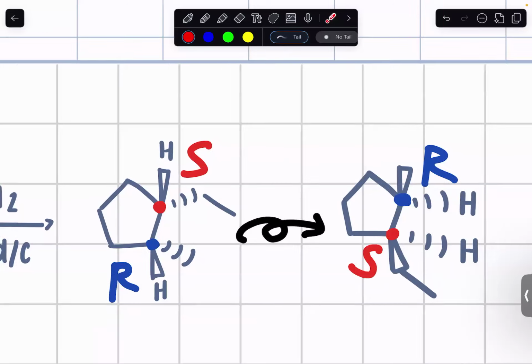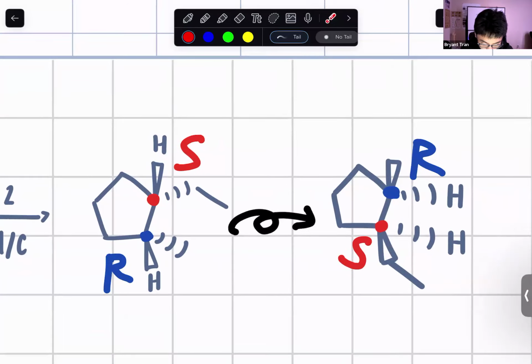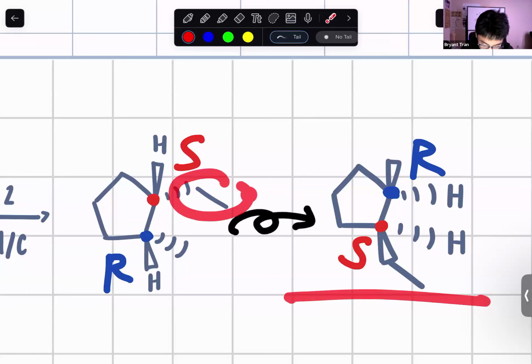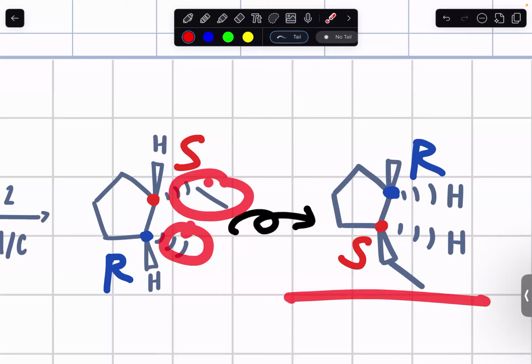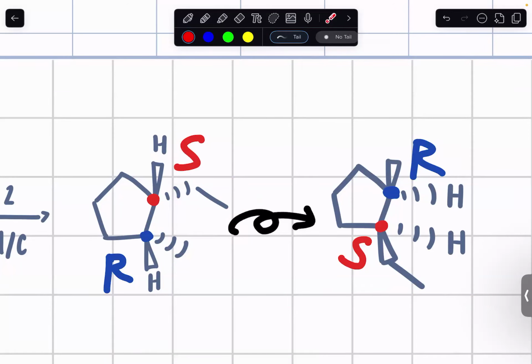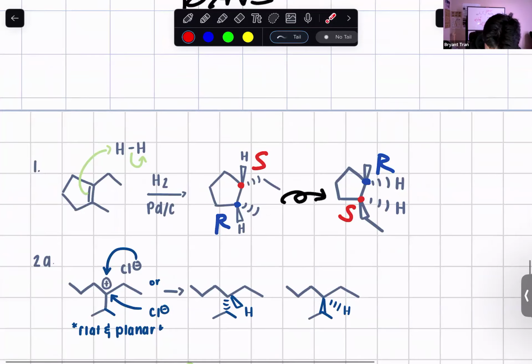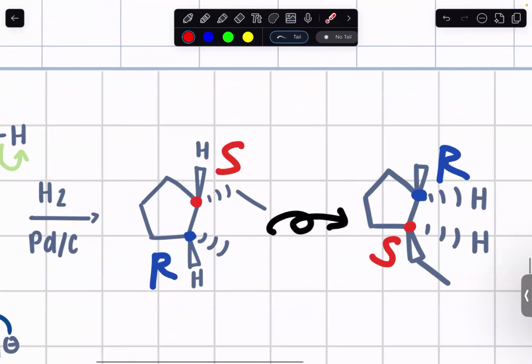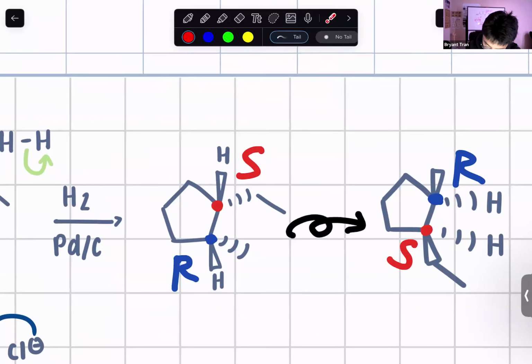Oh, okay. So to be safe, when you draw the enantiomer of it, make sure you are consistent with the R groups as well. So how would you adjust that one?